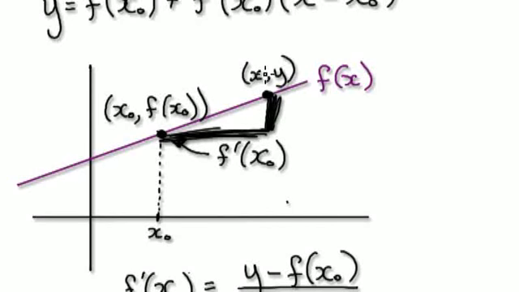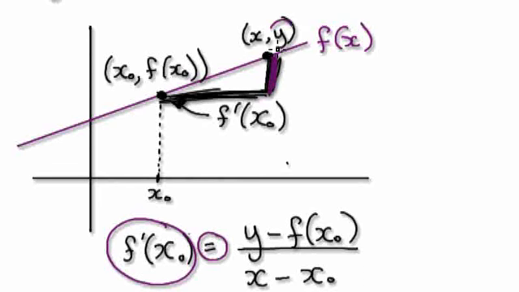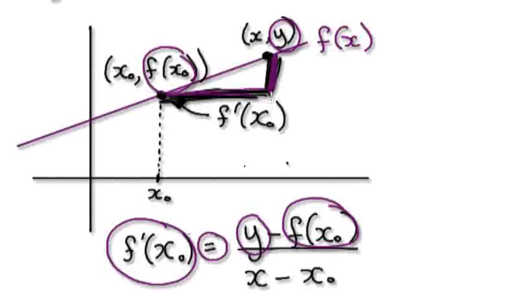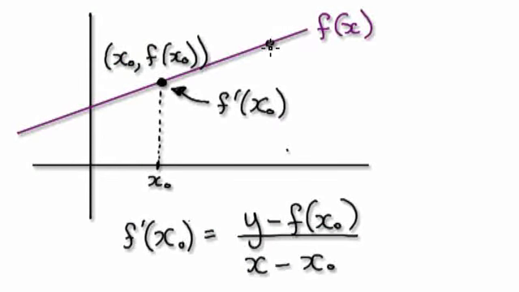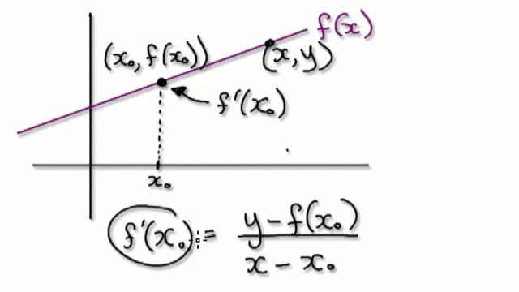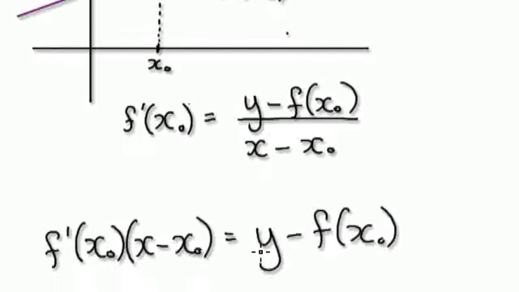The gradient, which is our derivative, is equal to the up and down, this thing here take away this here, divided by the across, which will be this x take away this here.